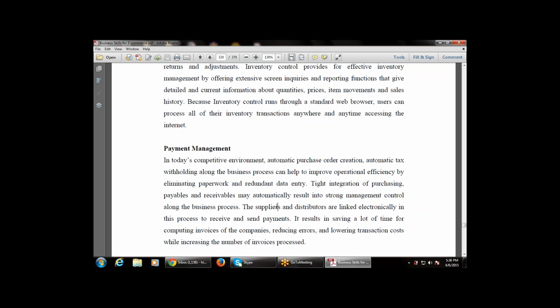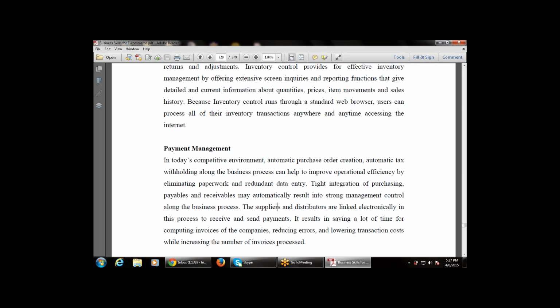Tight integration of purchasing, payable and receivable may automatically result in strong management control along the business processes. The suppliers and distributors are linked electronically in this process to receive and send the payments. That is, the payment can be sent and received in an electronic way.